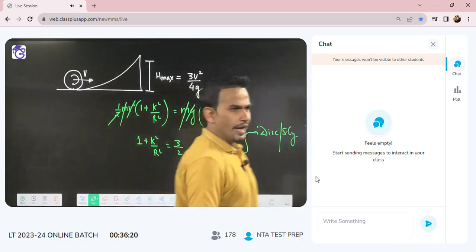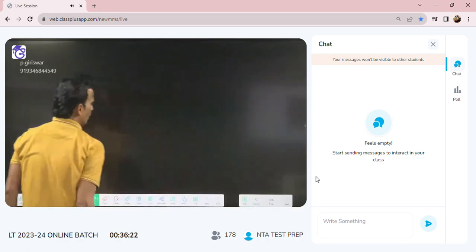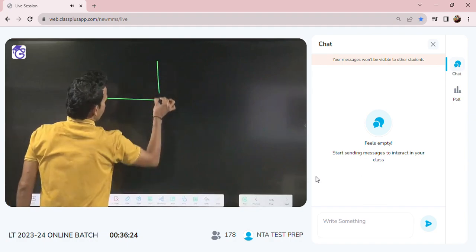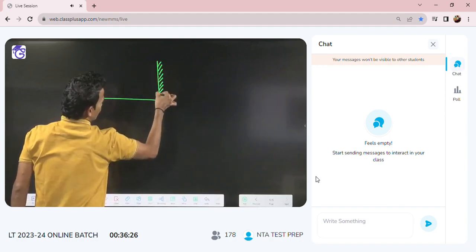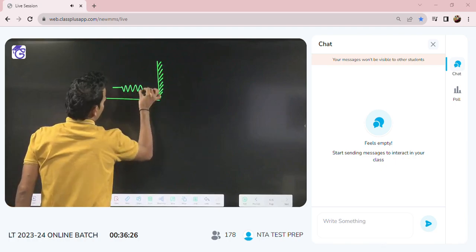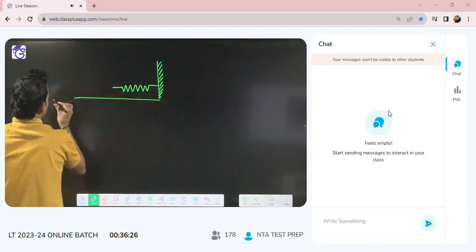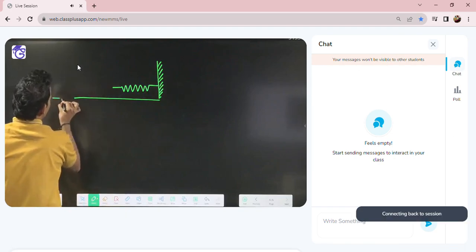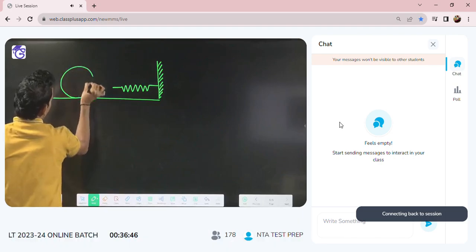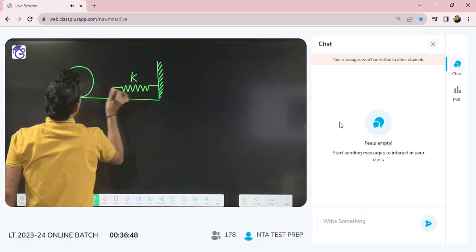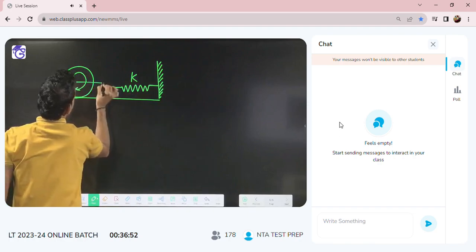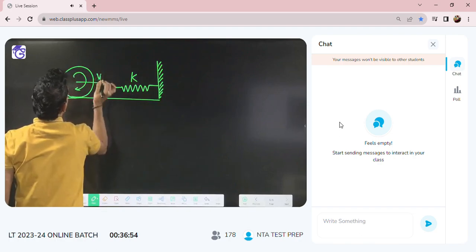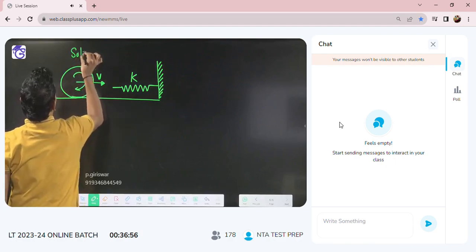You write: in the given figure, find the maximum compression produced in the spring. The body given is a solid sphere.